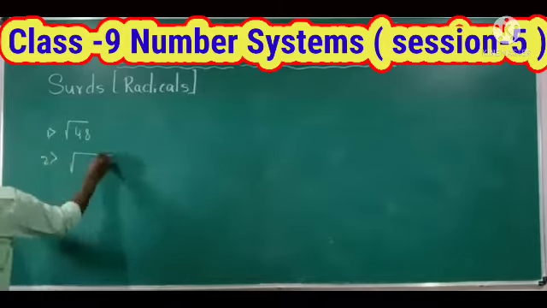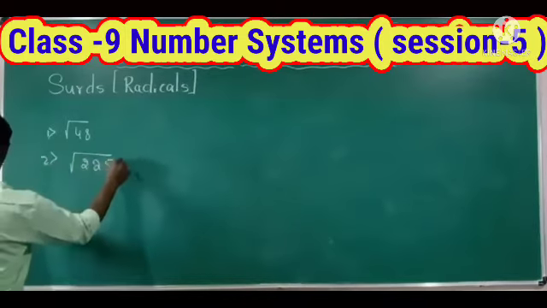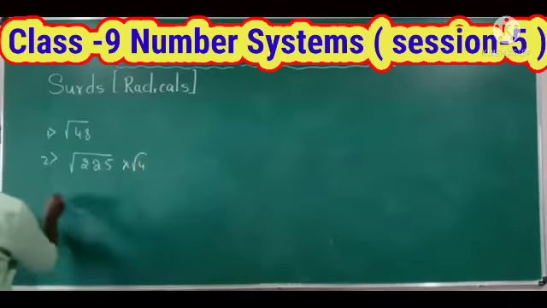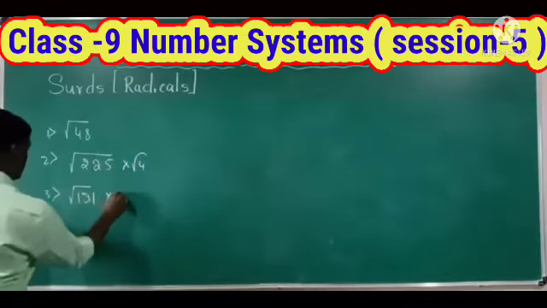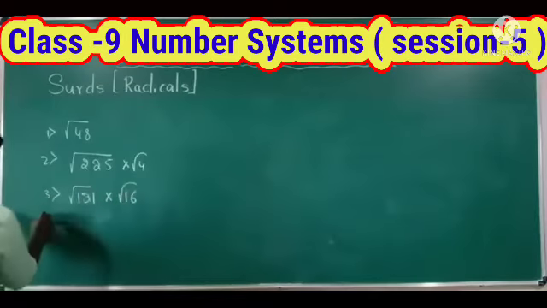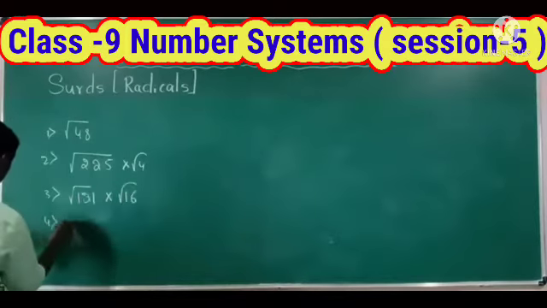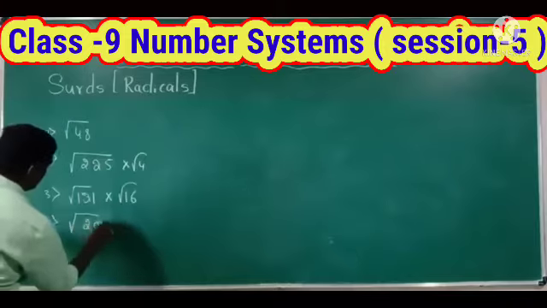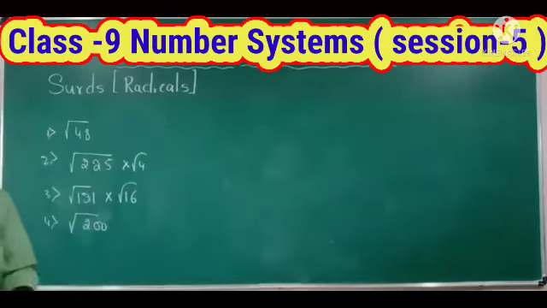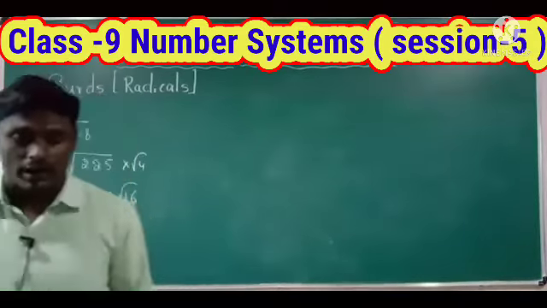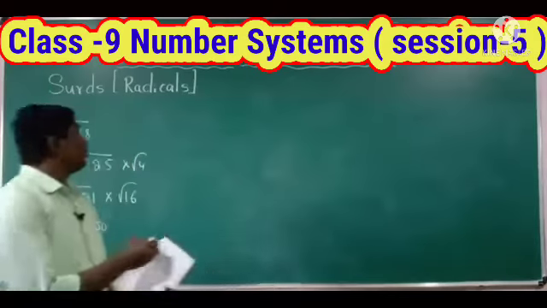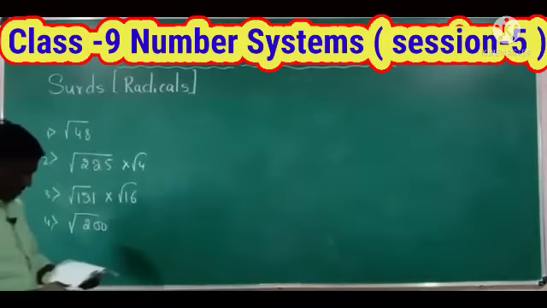Second one, root 225 into root 4. Third one, root 121 into root 16. Fourth one, root 200. So we need to identify which of the following is a surd.